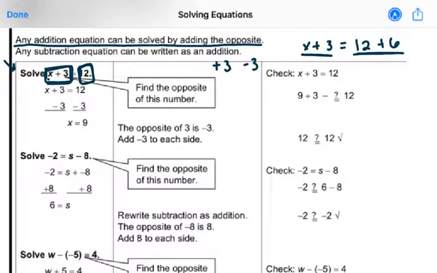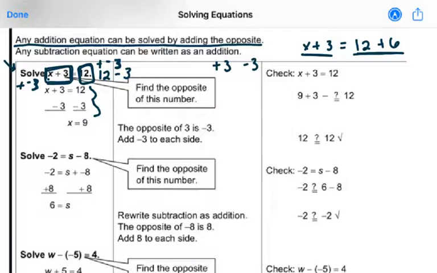So if I'm adding negative 3, which is the opposite of positive 3, on both sides, maybe some of you remember that adding a negative is the same thing as subtracting a positive. So when I have 12 plus negative 3, essentially I'm saying it's 12 minus 3. Well, what is 12 minus 3? It equals 9.